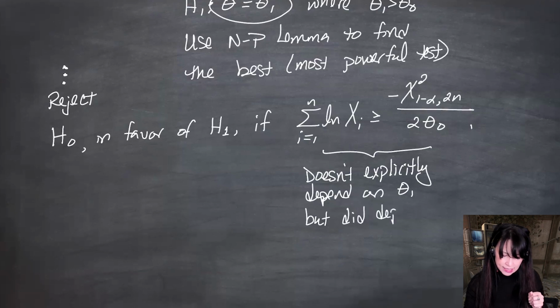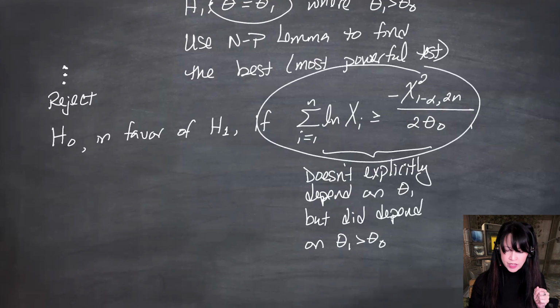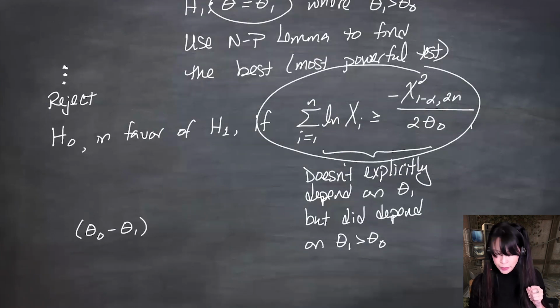but it kind of has a hidden dependence. It did depend on the fact that theta 1 was greater than theta naught, because when we were deriving this, at some point we divided both sides of an inequality by theta naught minus theta 1. And theta 1 being larger made this thing negative, and it made an inequality flip.